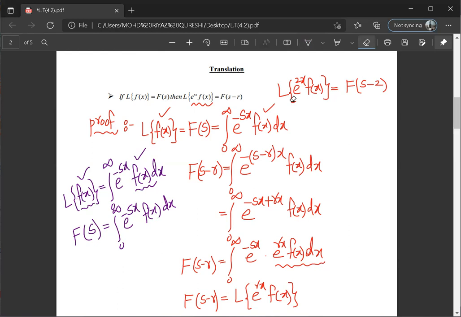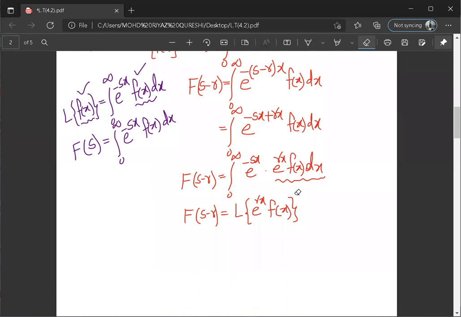So this is the final result we have to prove. Finally, we proved that Laplace of e power rx f of x is equal to f of s minus r. This is called the translation property in Laplace transform.